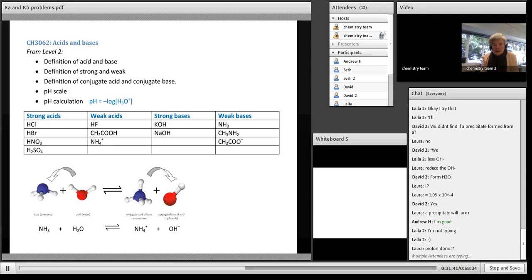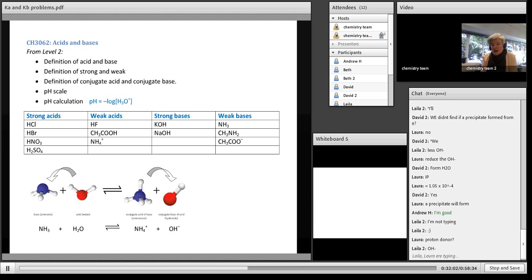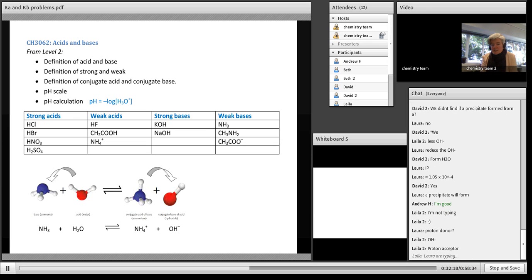Okay. Another way to put it, because there are different definitions, Arrhenius says if an acid is put into water, hydronium ions are formed. And if a base is put into water, thinking of the Arrhenius base definition, what is formed? Hydroxide, correct. And then you've got the Lowry-Bronsted one, which is what Laura said, an acid is a proton donor, and a base by the Lowry-Bronsted definition is a proton acceptor.